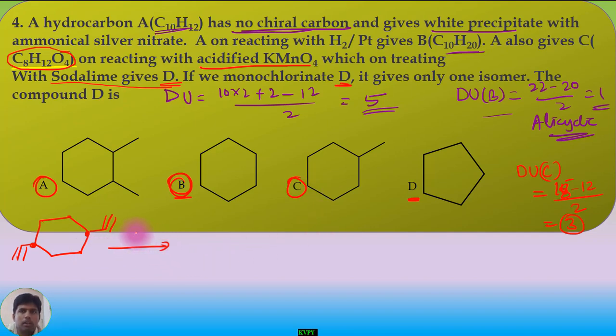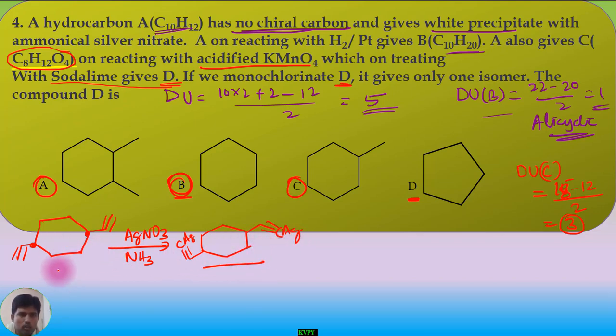This, on treatment with AgNO3 and NH3, ammoniacal silver nitrate, will form the silver acetylide, and this is going to be a precipitate.